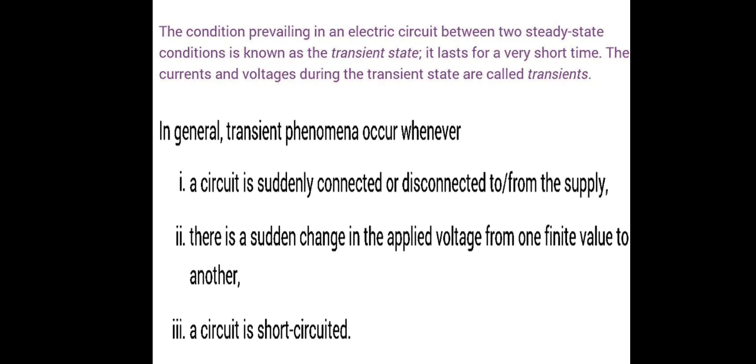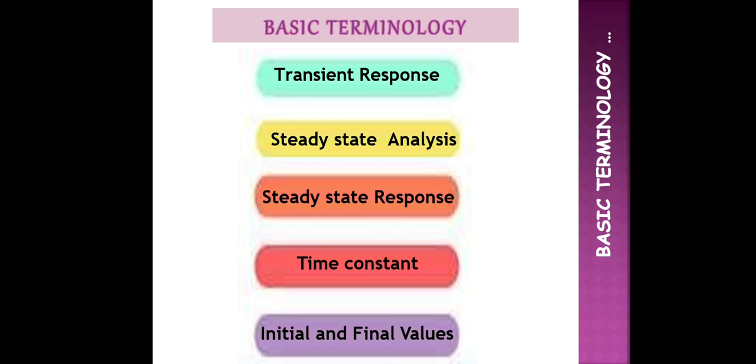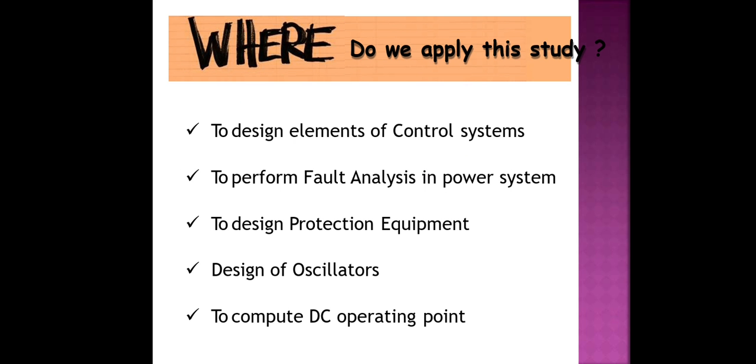In any circuit there is a sudden change in the applied voltage from one finite value to another, or the circuit is short circuited. So this is about the phenomena of the transient. It occurs when there is a sudden change in current or voltage, and then the capacitor acts as a short circuit and the inductor as an open circuit respectively.